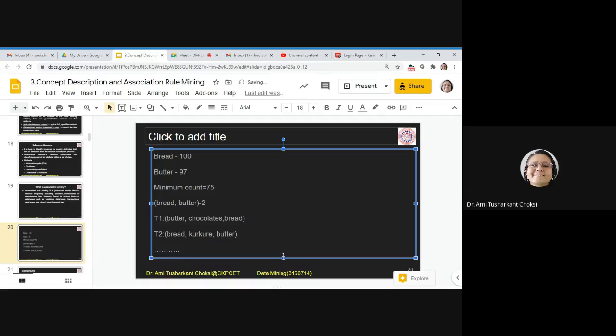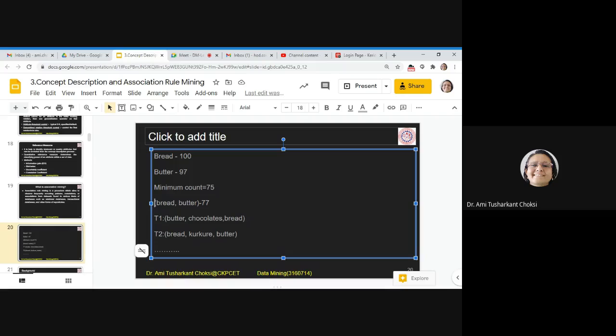Now I can say that bread and butter are found together in the transactions, say, 77 times. So can I say that this two-item combo is frequent? Yes, I can, because their combo count is greater than the minimum count given. Getting it? So this two-item combo is frequent.